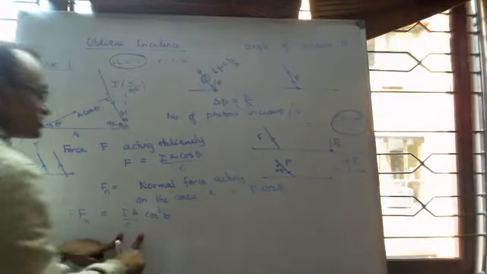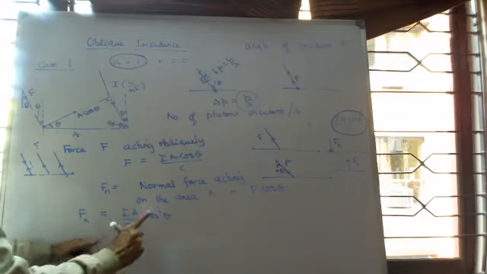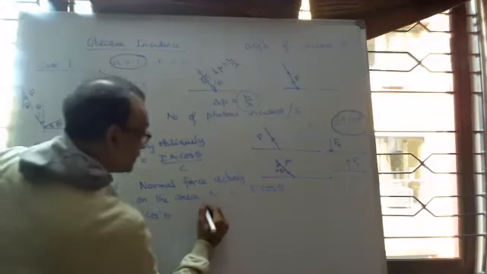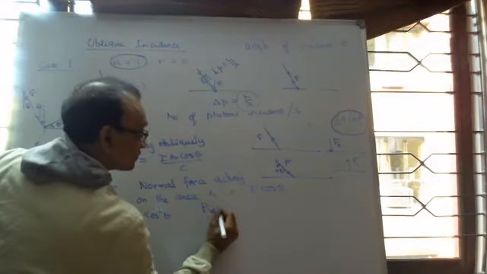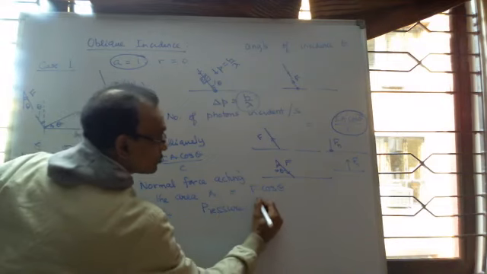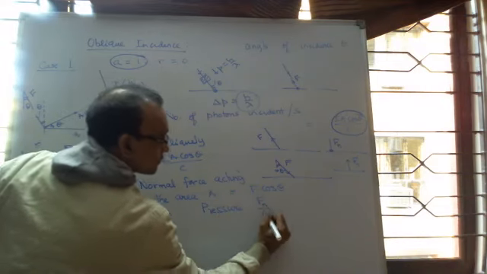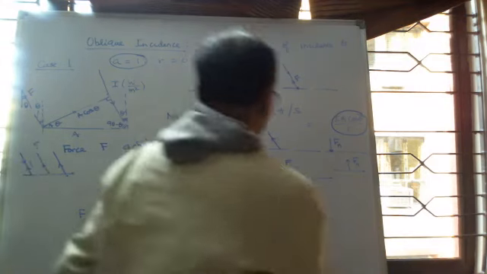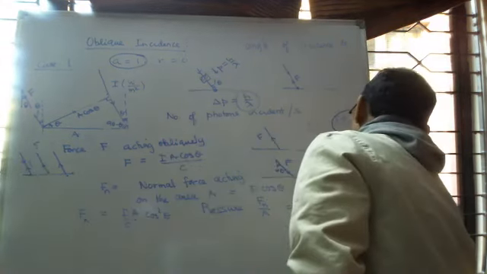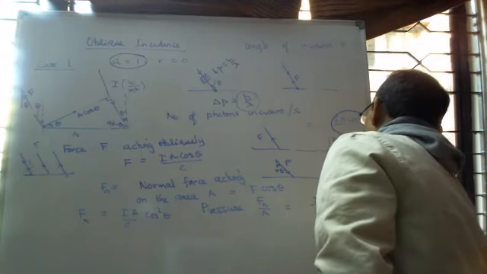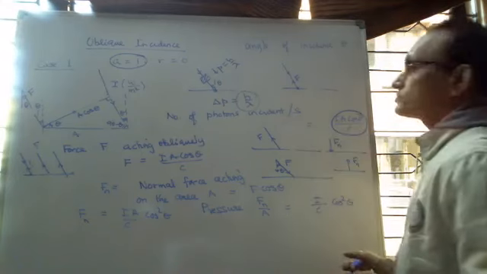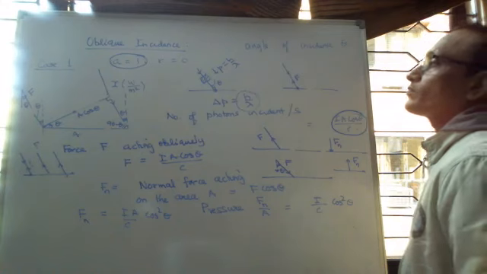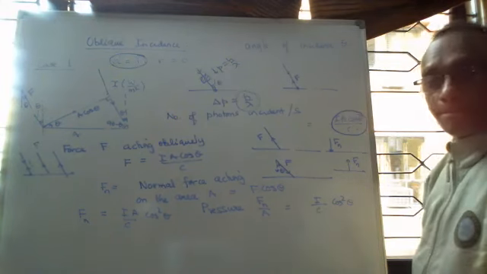So Fn is the normal force, but what will pressure be? Pressure would be normal force per unit area, Fn by A. Fn by A is I by C cos square theta. That's the force, right?